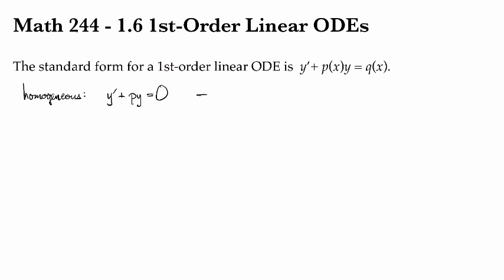And then this is going to be a separable equation because we can just solve for y prime as being minus py, and then we have y prime over y is equal to minus p, and all the y's are on the left and all the x's are on the right.